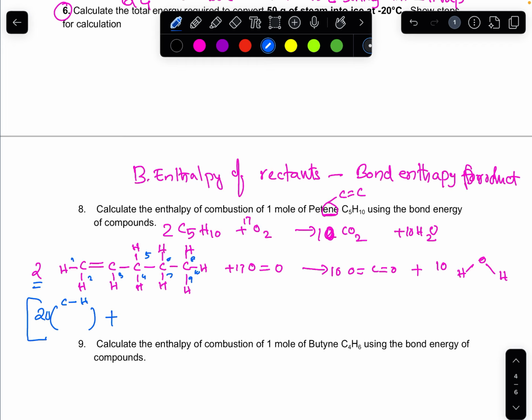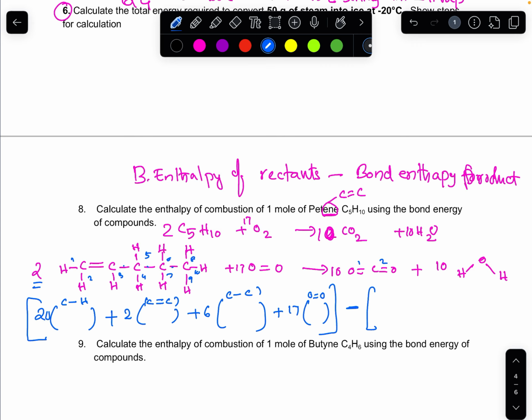Next one, there is 1 C single bond C times 2, that is 2 C double bond C. Plus there is 1 2 3 single bond, 3 times 2, it is 6 C single bond C. Plus there is 17 O double bond O. You will add all of this, then subtract.